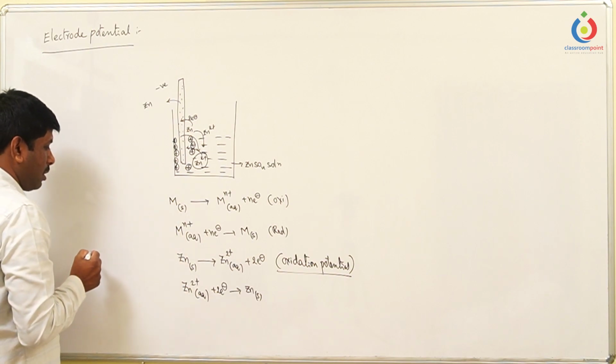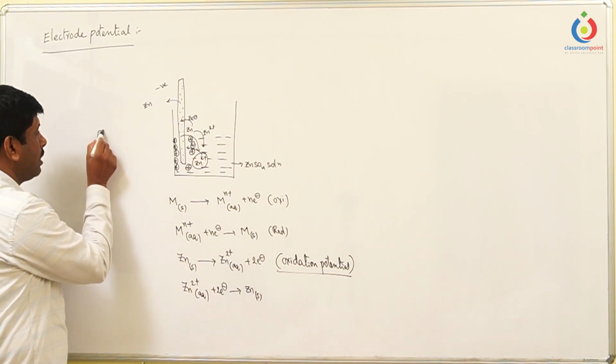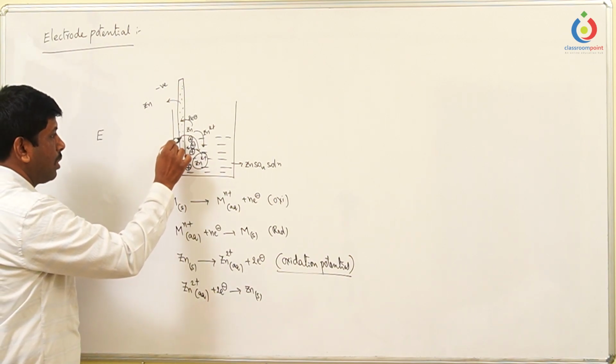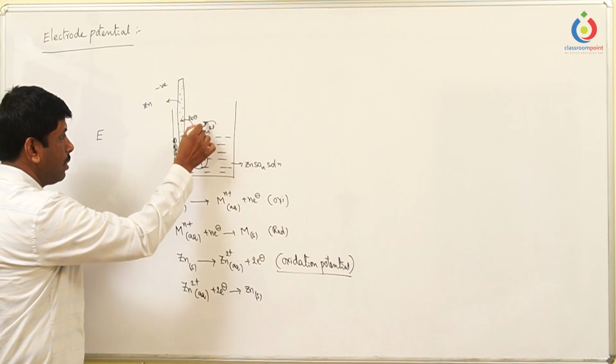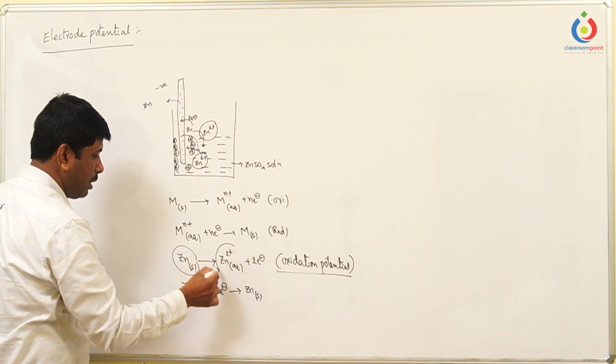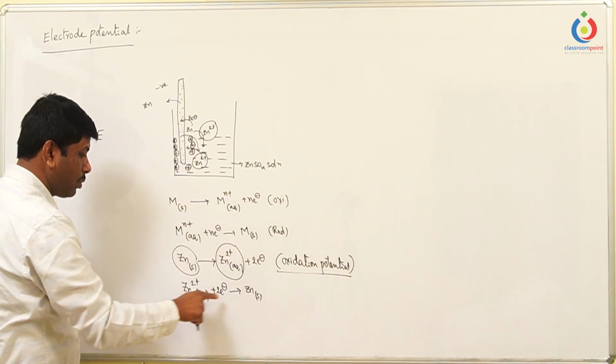So how can we show the oxidation potential? Potential is always represented by the letter E. Here it has more tendency to lose electrons and to produce Zn2+ ions. That means zinc is converted into Zn2+ ions more dominantly than Zn2+ to zinc.